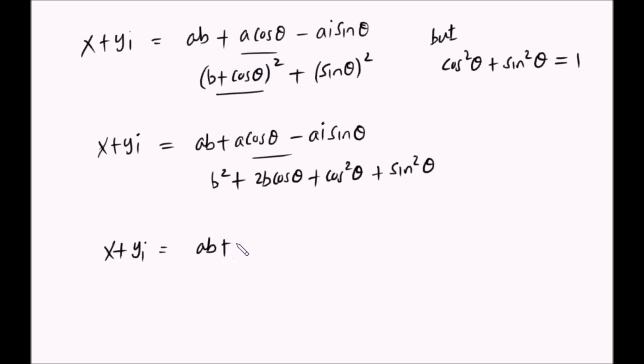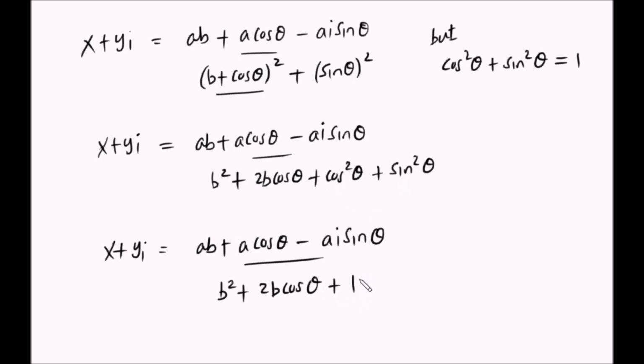So now this x plus yi will be ab plus a cos theta minus ai sin theta, all of this over b square plus 2b cos theta. Now this cos square plus sin square is 1. So let us write this in terms of real part plus imaginary part.